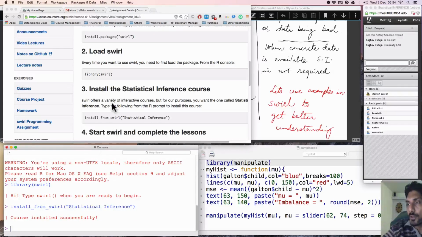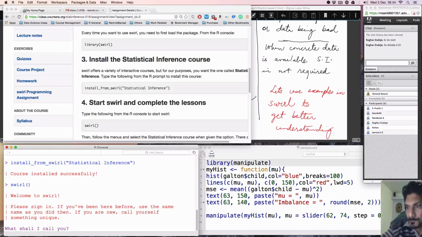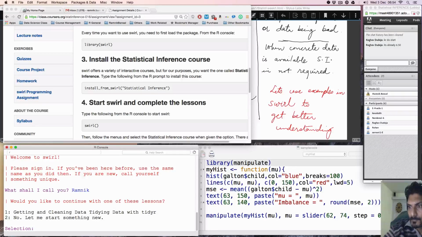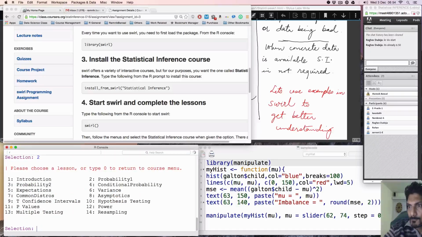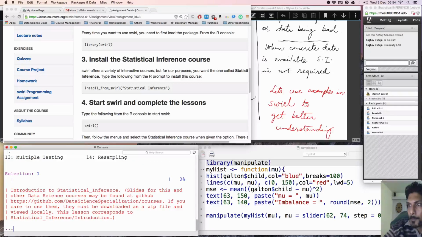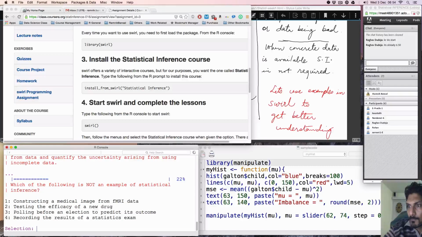So you need to load the library and then you install from swirl and then you start off with swirl. Okay. So are you in sync? All of you are here now? Are you at swirl?